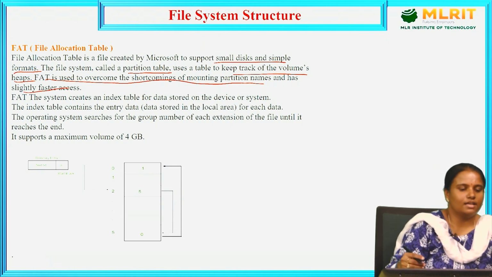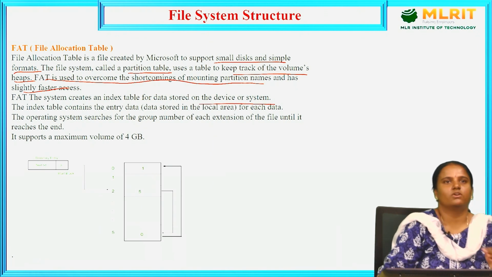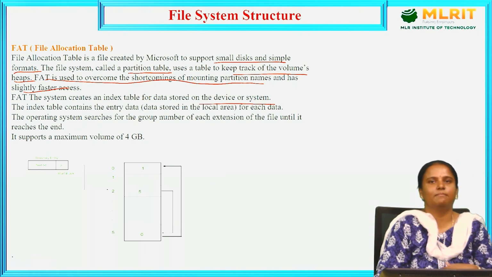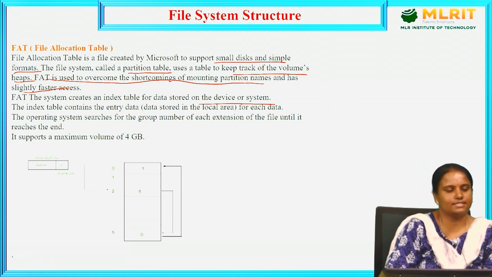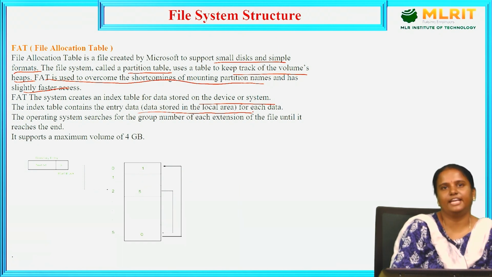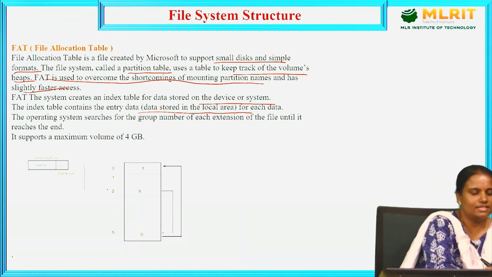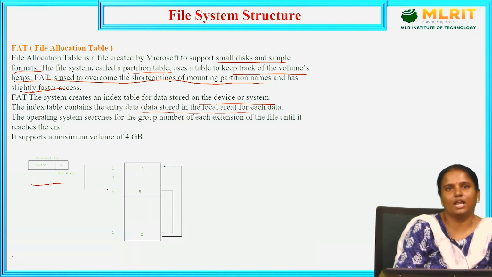So with FAT, the system creates an index table for data storage on the device or any system. The index table contains the entries, and this is how the data is stored in the local area.